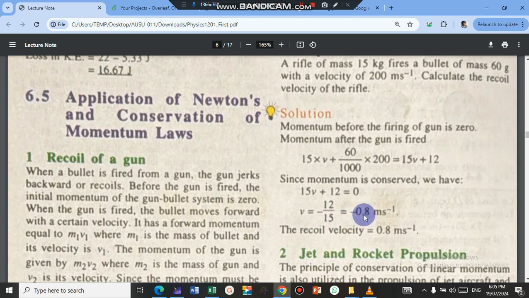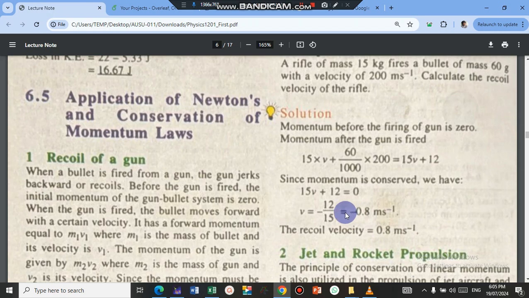This will be negative 0.8 meters per second. The negative sign, remember, tells you that the gun moves in the opposite direction to the bullet. That is the interpretation of the negative sign. Then you conclude by saying the recoil velocity is 0.8 meters per second, meaning this is the velocity of the gun. You remove the negative sign.